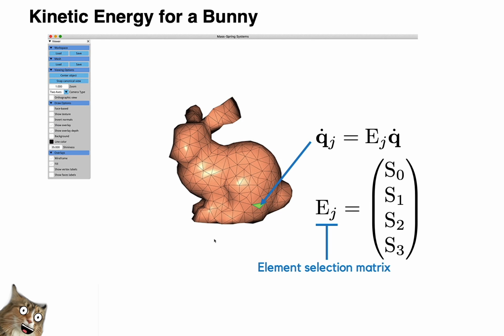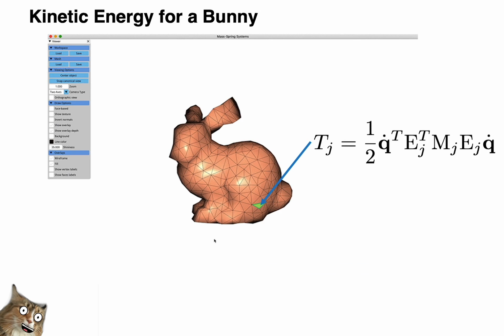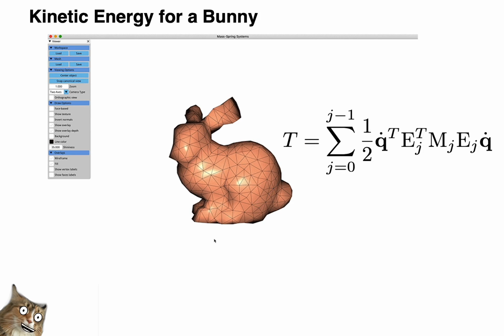Here, we build a selection matrix E sub j that selects the jth tetrahedron's 4 per vertex velocities. We can substitute this into our per element kinetic energy, and as always, the kinetic energy of our whole bunny is just the sum of these per tetrahedron kinetic energies.